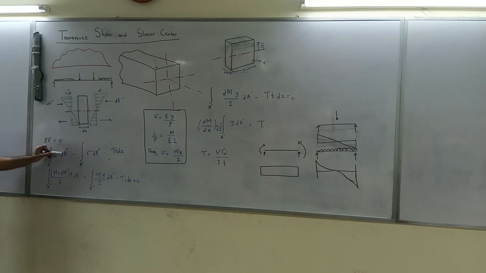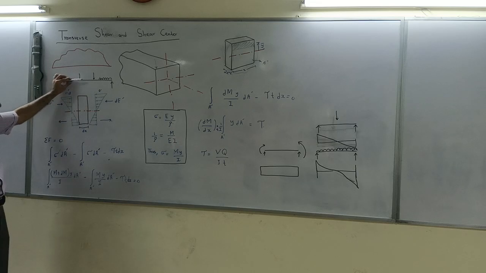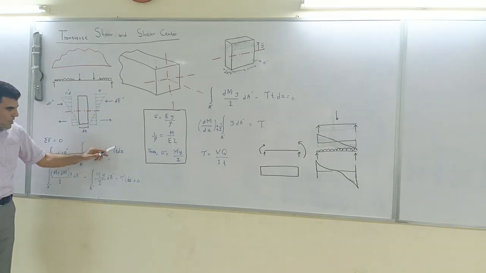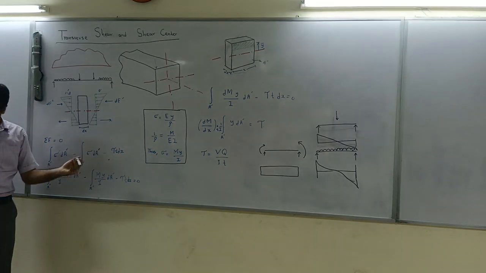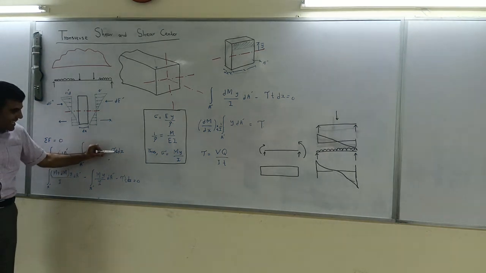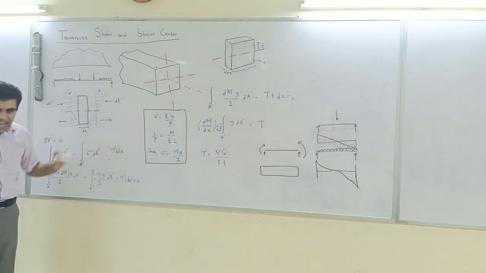So stress dash times dA dash, which is the force over here, minus stress times A dash, gives that difference, which is coming from this force and this force. And what is the origin of that difference? The origin, as I said, is the moment. The difference in moment: moment is varying. So that we call tau, which is a stress, times t dx.